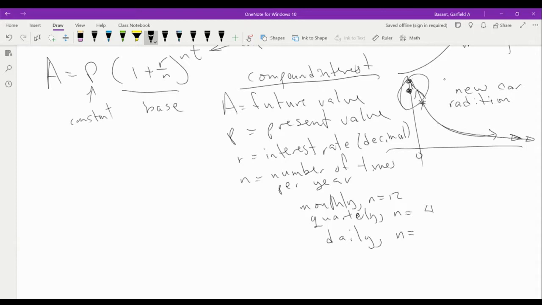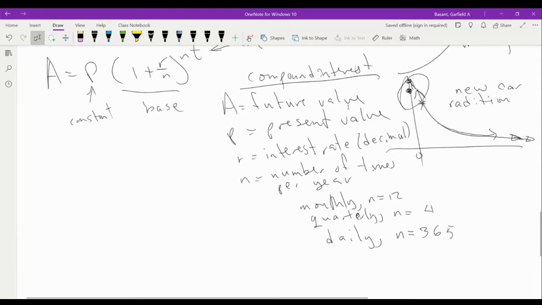What would n be equal to? Daily for 1 year, Samara? Think about it. 365, right? And if we talk about semi-annually, that would be twice a year and so on.